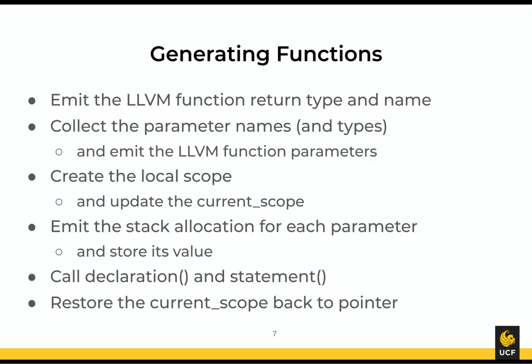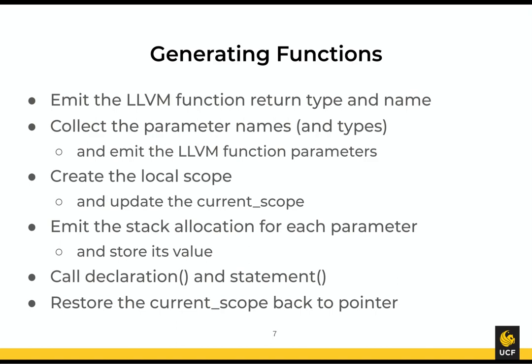Then we need to create the local scope and update our current scope, so we're no longer inside the global scope. We want to enter our local scope. Emit the stack allocations for our parameters, storing the values %0, %1. Then we're done setting up the function, and we can dispatch the rest of the code generation to our declaration and statement functions, which you've already written if you've implemented Project 3.